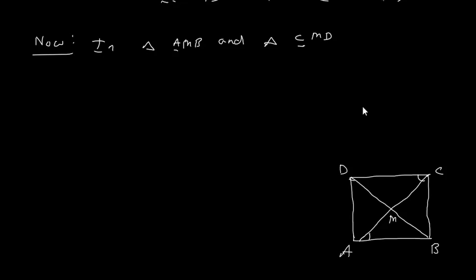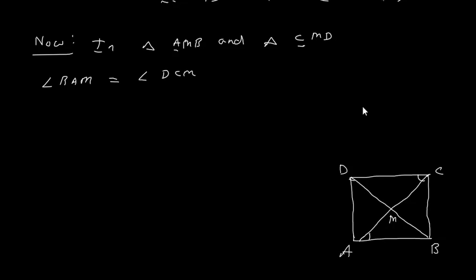So in triangle AMB and CMD, we have angle BAM equal to angle DCM. Again, I am writing angles using proper correspondence.